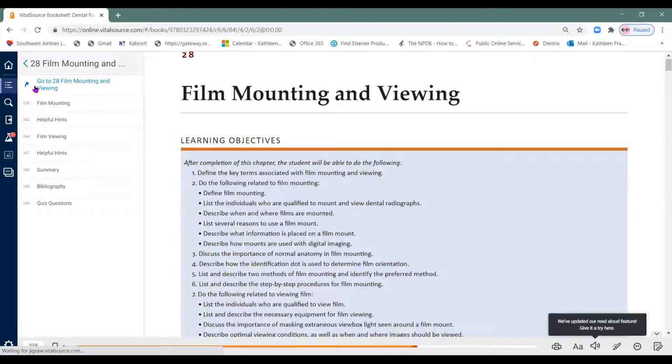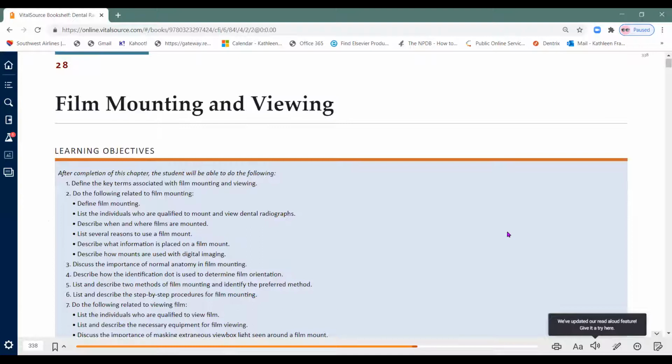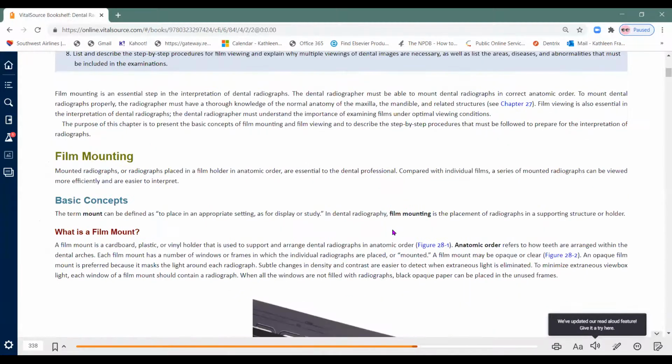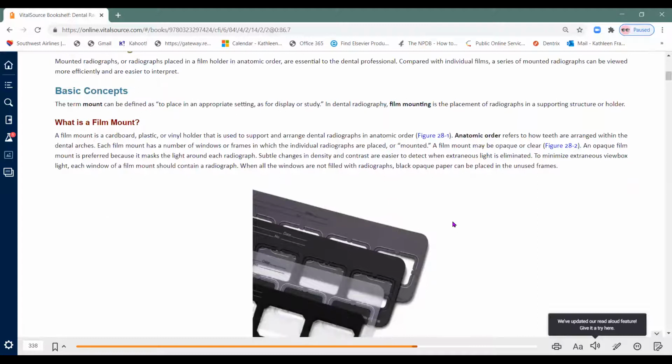So this chapter mainly talks about mounting films. They talk about how the film has a dot on the slot and how we have these different types of mount.